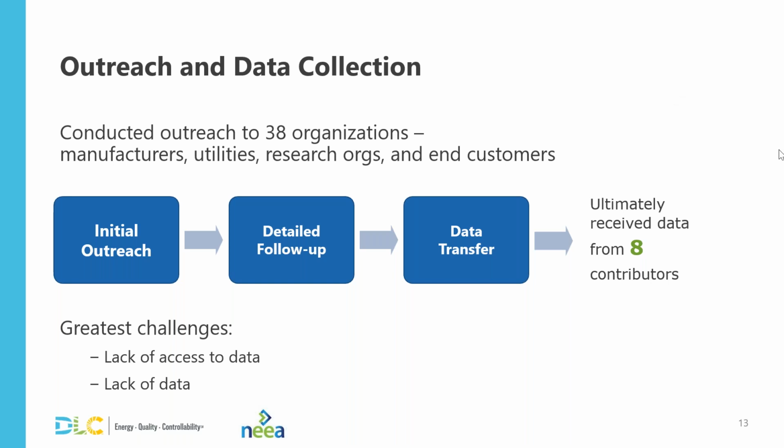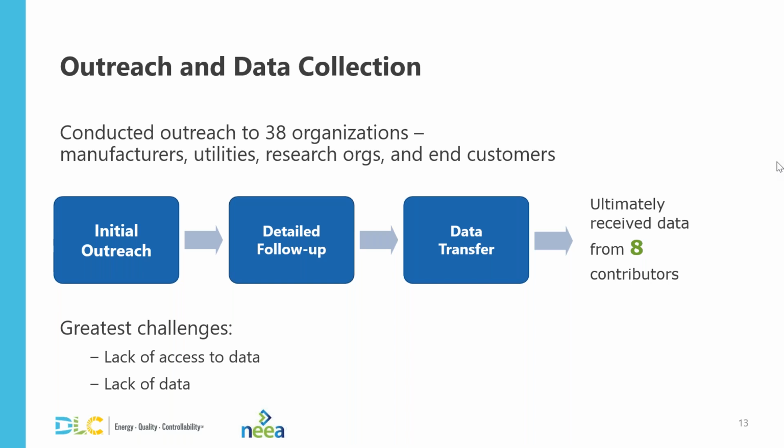After that, we first contacted 38 organizations which we thought were likely to have access to NLC energy data. These organizations included manufacturers, utilities, research organizations, and a few end users.